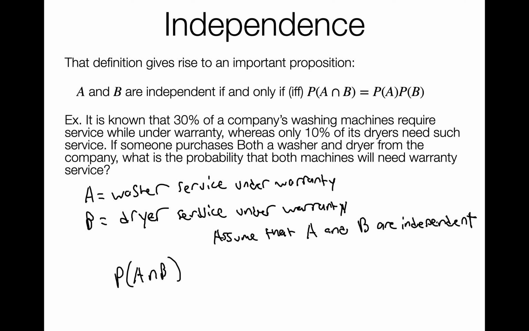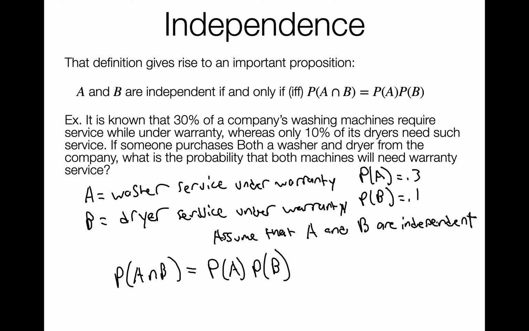And so with that, we can say that the probability of the intersection is equal to the product of the individual probabilities. And so we know that 30% of washing machines require service under warranty. So the probability that A happens is 0.3 and the probability that B happens is 0.1.